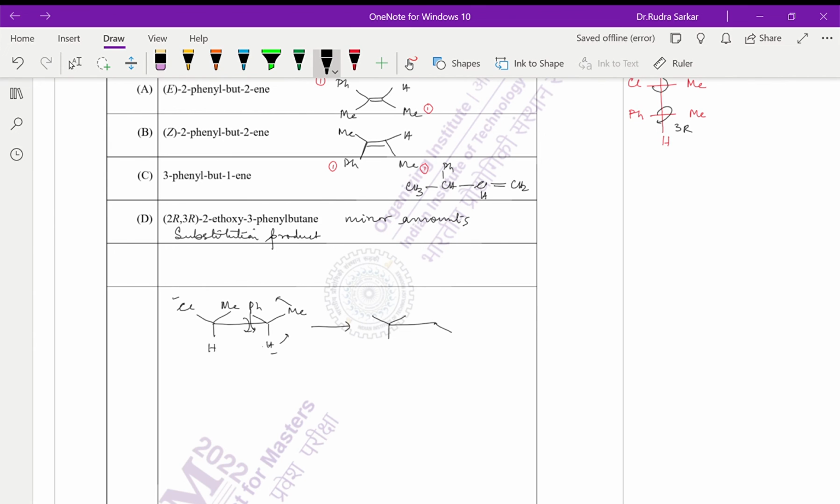So somewhere there and there. Okay, that is what we have. So we have Me, we have the Ph, we have the H, we have the Cl, we have the Me, and the H. So now your base, which is your OEt, will attack here.